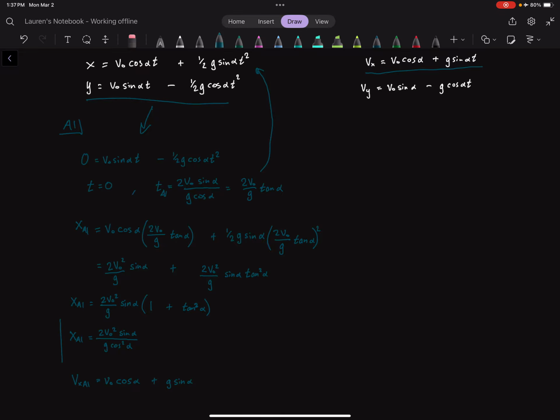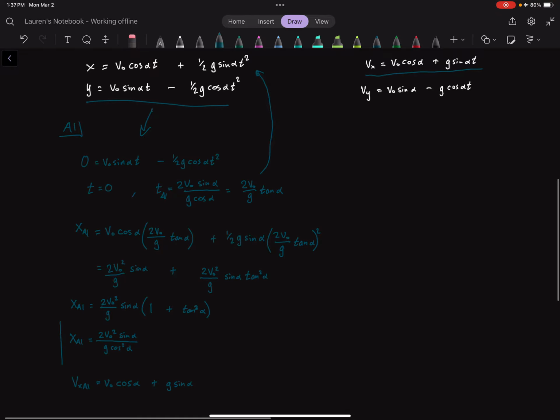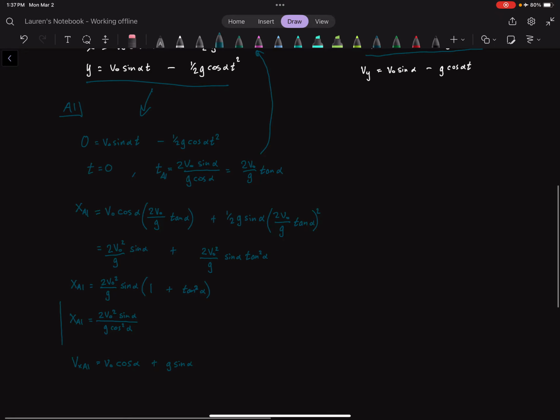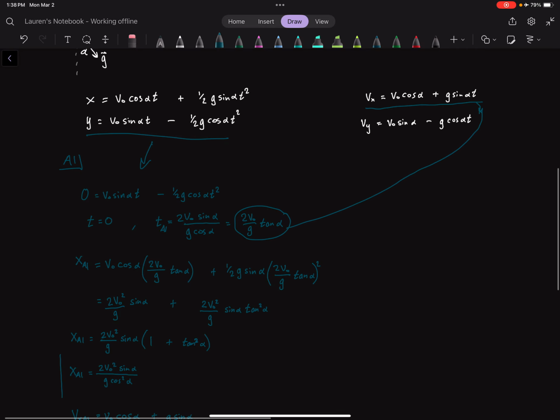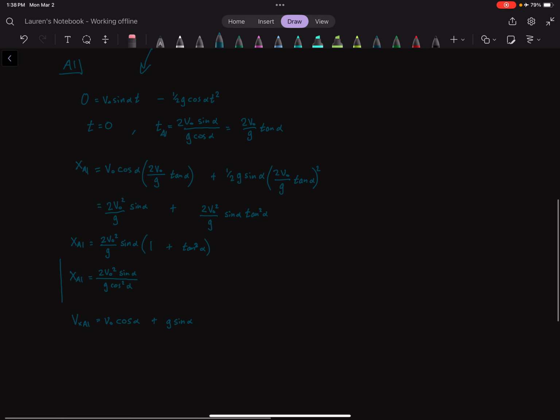And if we want that final velocity at point A1, we have to plug in the time that occurs. So we're plugging in this time here into that equation up there for this t. Okay, so let's do that.